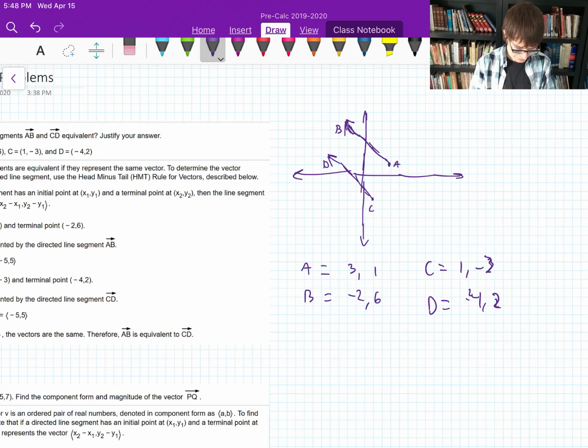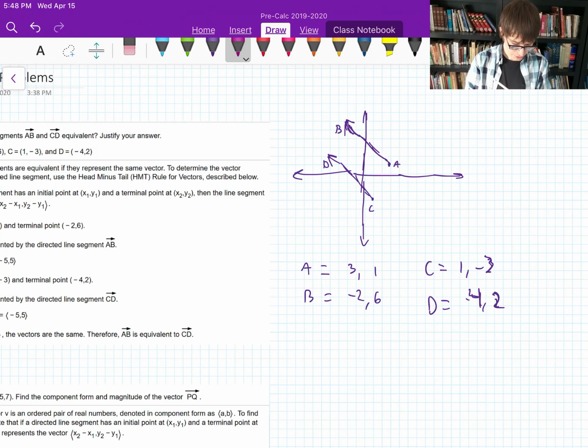Okay, so if they're equivalent, I should be able to add some number to A and turn A into C, and add some value to B to turn B into D. So let's try this. If I wanted to turn the x value of A into C, that's a difference of 2. I want to subtract 2 from both.